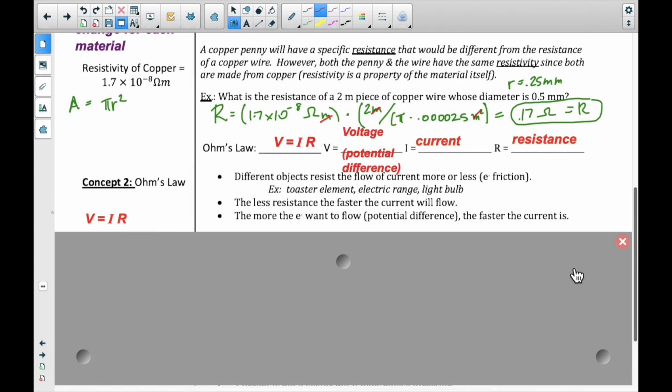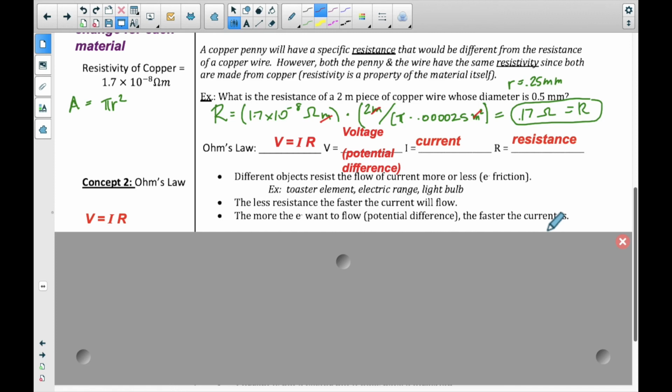Okay, that's important to know because that will tell you how much current can go through that wire. And if you want to limit the current on something, you probably want a wire that has more resistance. If you want to allow more current to come through, you want less resistance, a bigger wire, which is going to have less resistance.